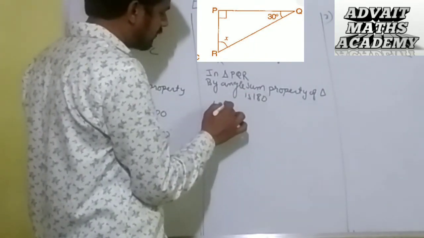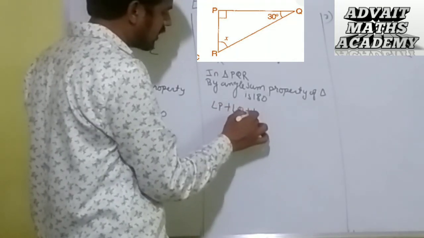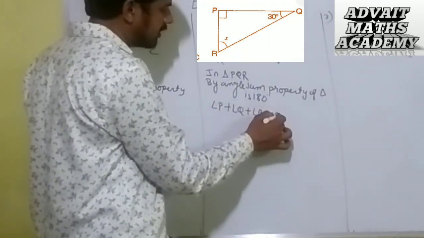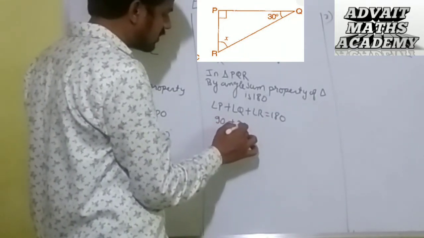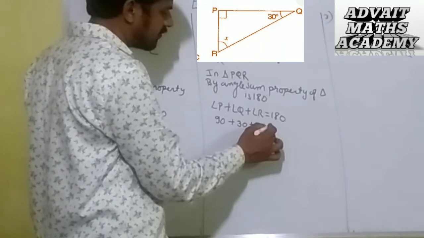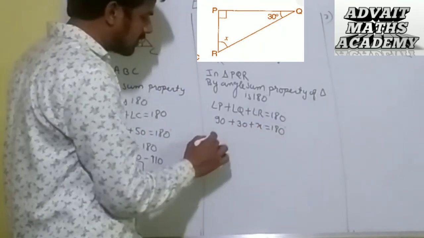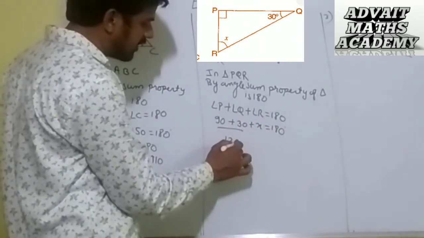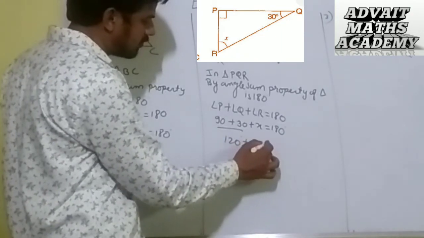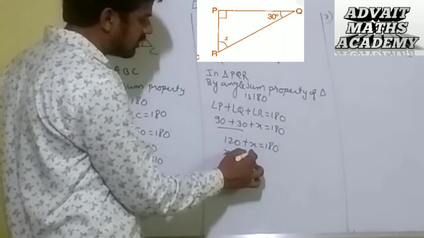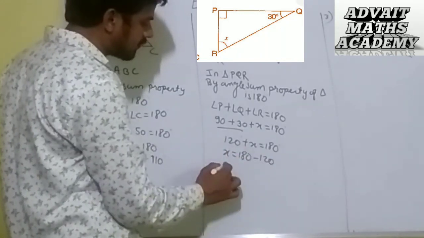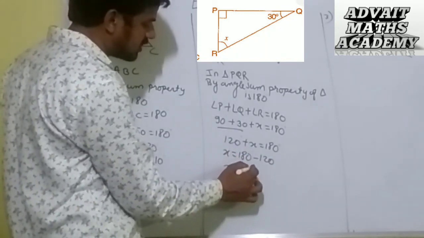Then angle P plus angle Q plus angle R is equal to 180 degree. Then 90 degree plus 30 degree plus x is equal to 180 degree. Then the sum of these two, 120 degree plus x is equal to 180 degree. Then x is equal to 180 degree minus 120 degree. Then x is equal to 60 degree.